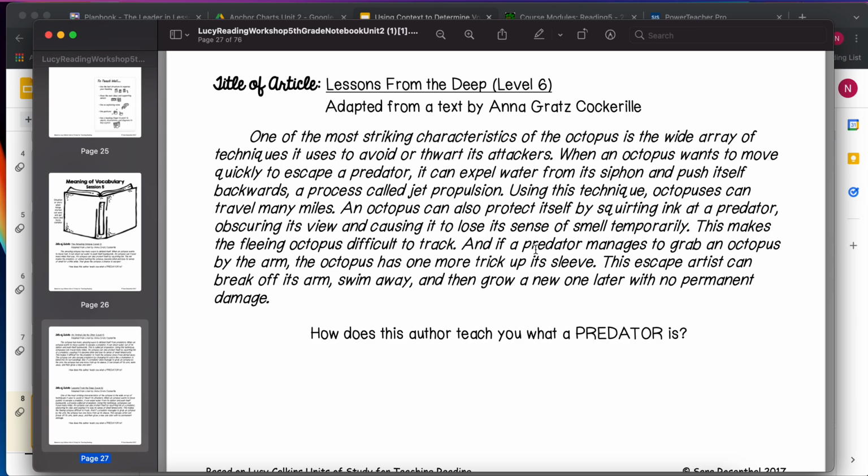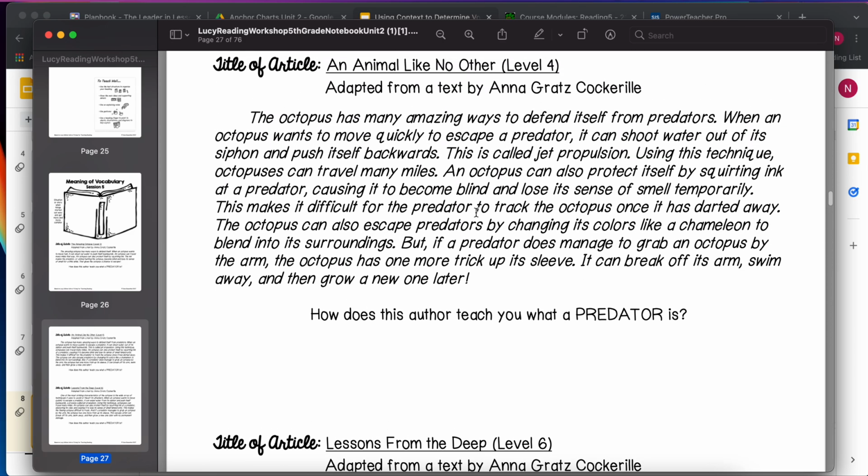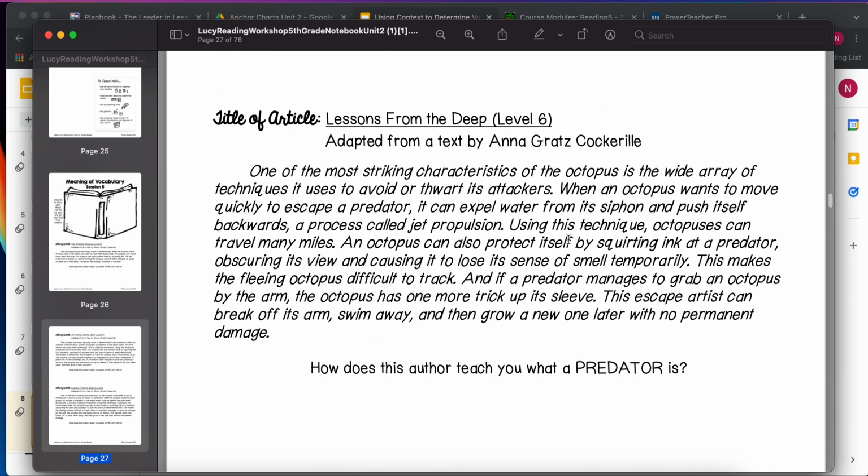If you notice, they don't use the word predator as much, but this one feels very similar to the one that we just read. They even kind of give us the same line here. If a predator manages to grab an octopus, so we're kind of using some of the same clues. But I do notice in this one that they're focusing less on the predator itself and focusing a lot more on giving us details about how the octopus is planning on getting away from its predator.